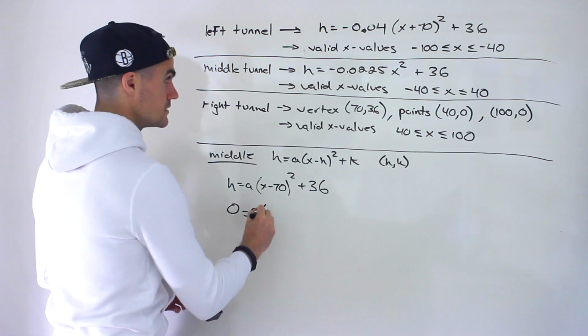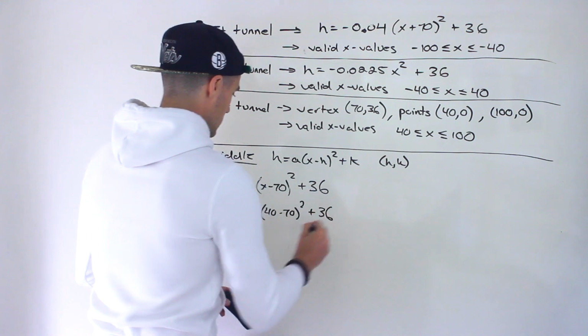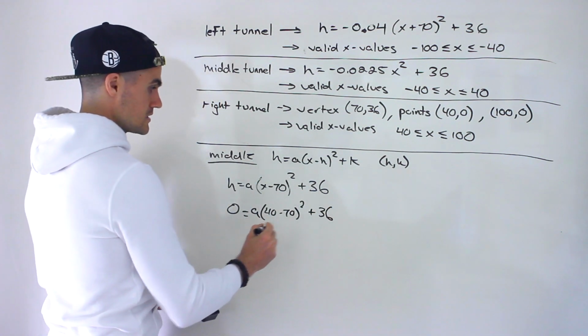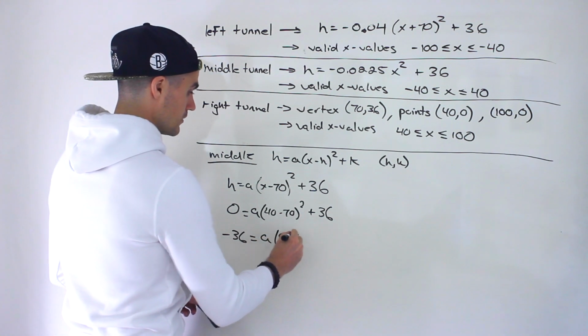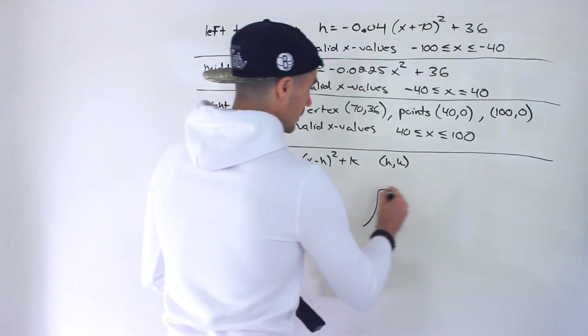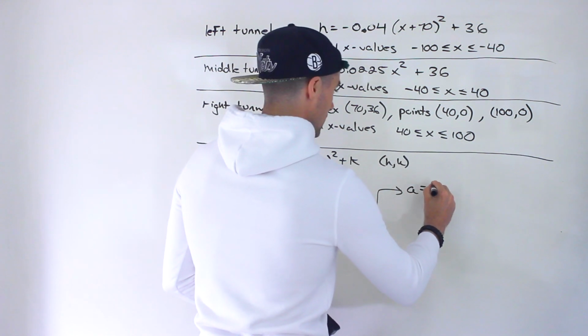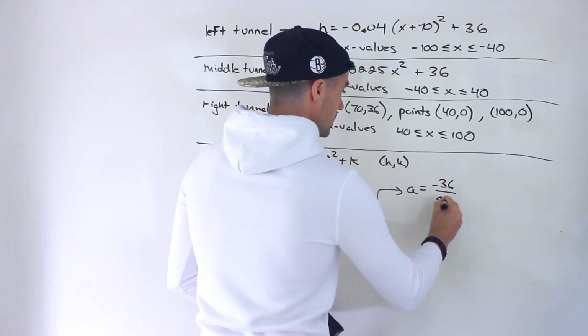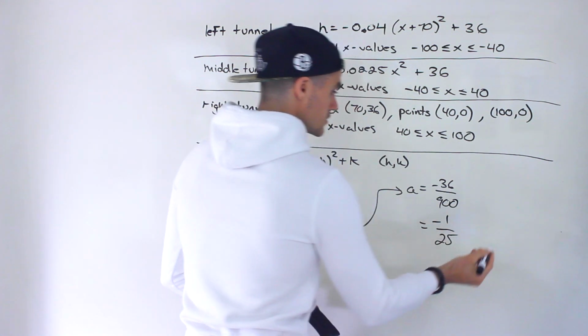So again, it doesn't matter which point you're going to use. I'll use the 40 and 0, bring the 36 over. You'll end up with 900 over here. So like the left tunnel, the a value is actually the same. It ends up being negative 36 over 900, which simplifies to negative 1 over 25.